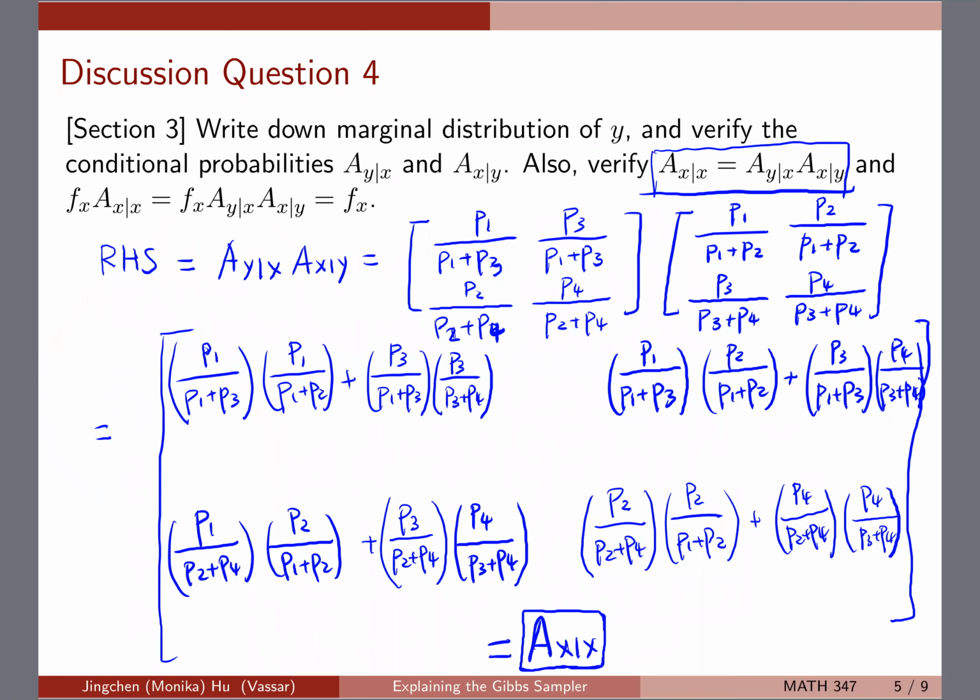So what do you think the first term of this 2 by 2 matrix is representing? Think about previous x, let's just say x0 and x1. Okay, let's think about from x0 to x1. That's for the entire matrix, right?